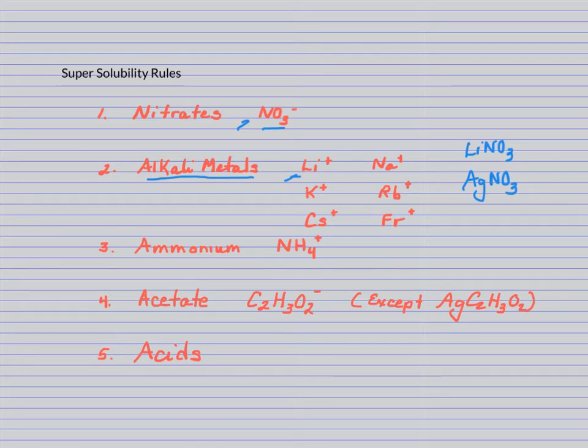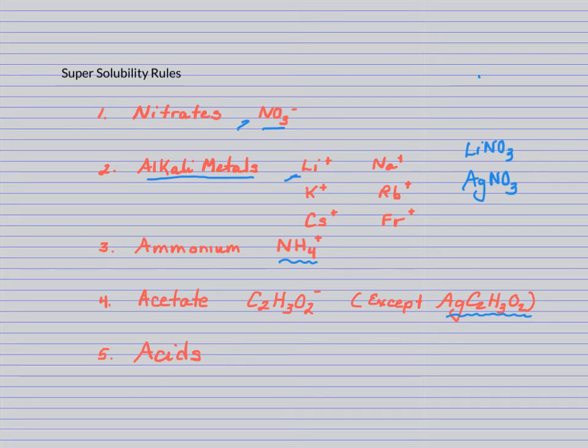All ionic compounds containing the ammonium ion are soluble. So anything with NH4+ in it is also going to be soluble. All acetate ion compounds are soluble, except there's that one exception. So the one exception to acetate is that silver acetate is insoluble, and the one exception to silver is that silver nitrate is soluble.